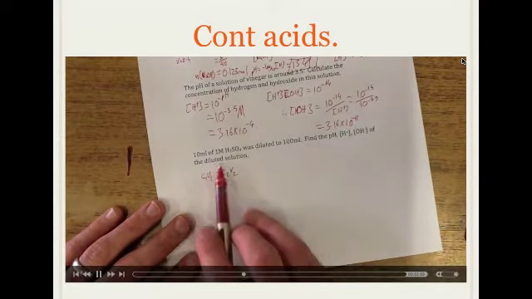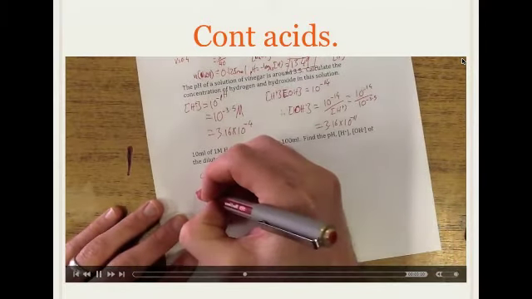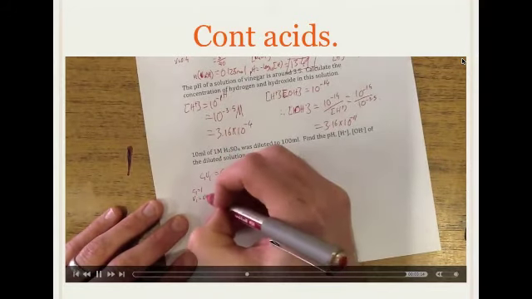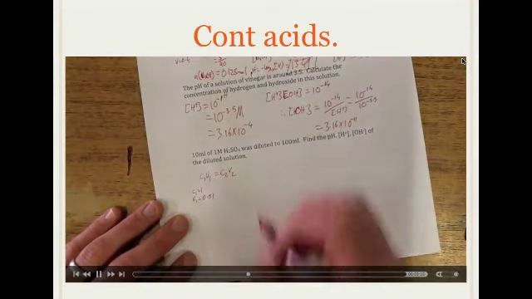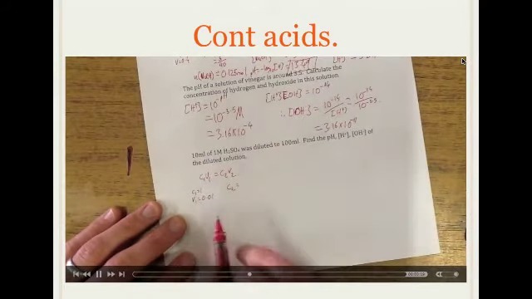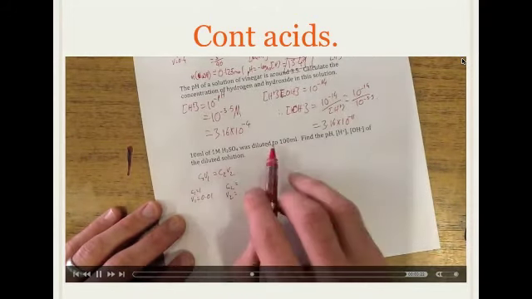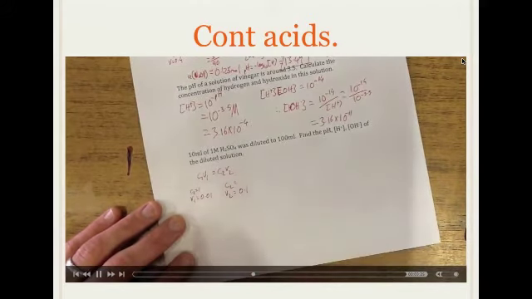We're starting out with 1 molar, so C1 equals 1, V1 equals 0.01 litres. C2 is what we want to find out, what the diluted solution will be, and V2 equals 0.1.